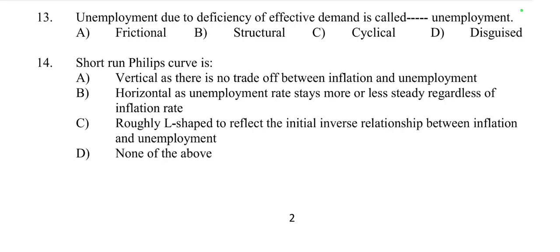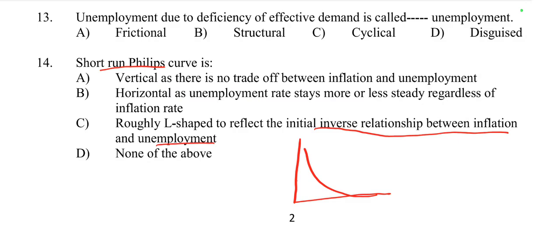Generally the short-run Phillips curve is normally L-shaped. It reflects the initial inverse relationship between inflation and unemployment, which is called the Phillips curve, here the short-run Phillips curve.